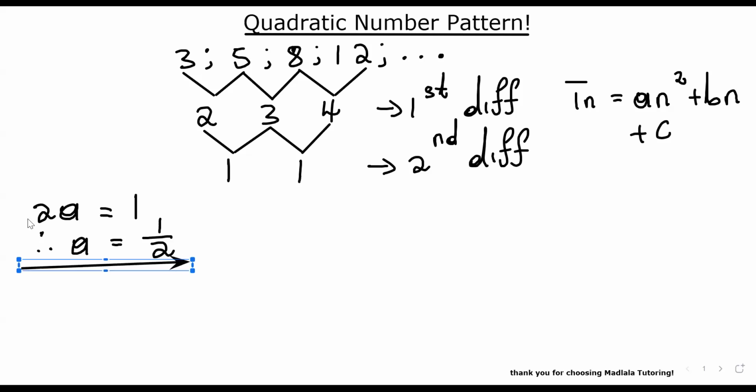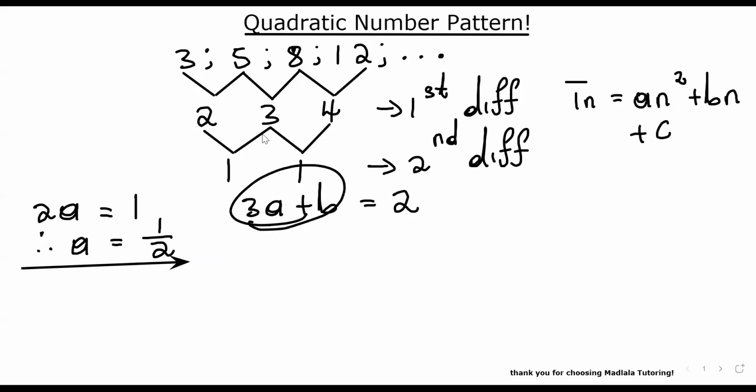Okay, fine. But in order to get the value of b, we say 3a plus b, and we equate this to the first term of the first differences, which is going to be 2. You don't equate 3a plus b to this one or to that one. It's strictly to the first term, okay?